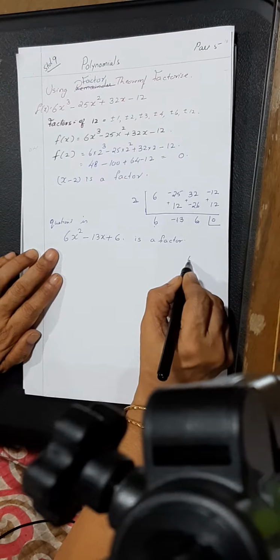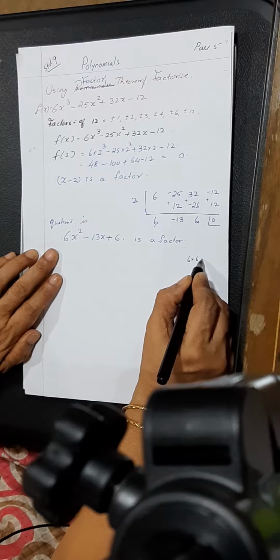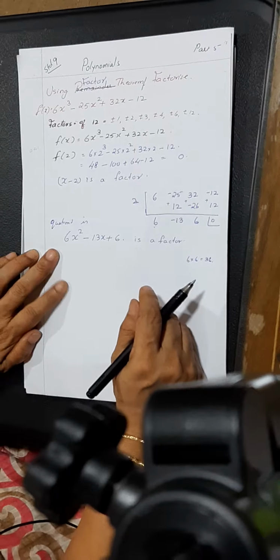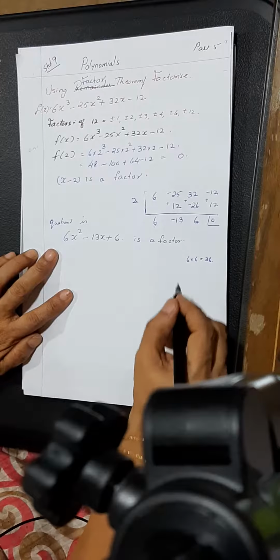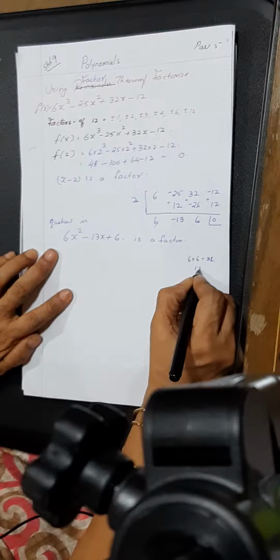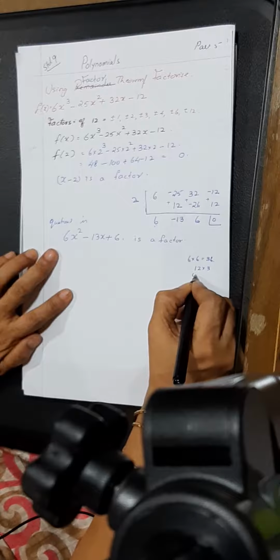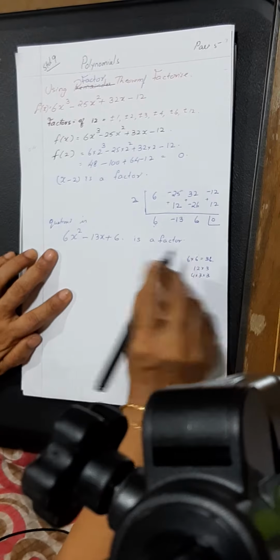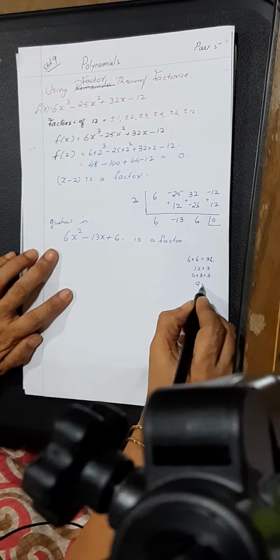6 into 6, 36. So 12 into 3. So 4 into 3 into 3. So 9 into 4. 9 and 4 you can use.